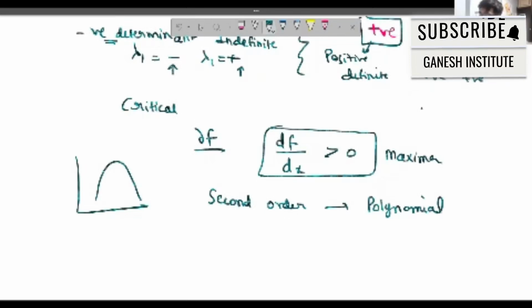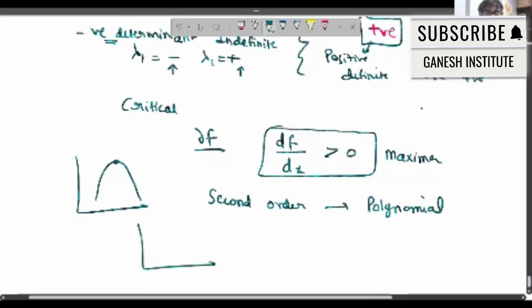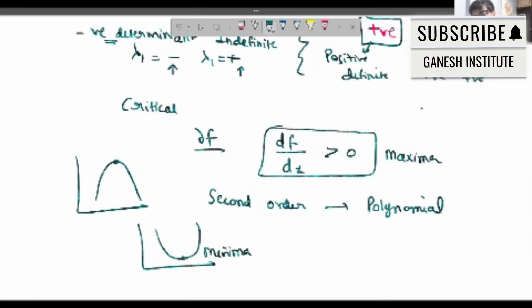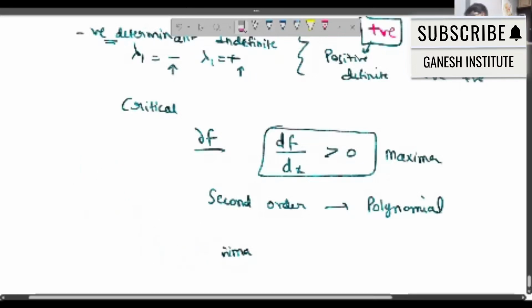It is a decreasing function, so I'll have a maximum vertex. And if it is increasing, I'll have a minimum. Because the Hessian matrix is about second order, I'm talking about the second derivative test. Okay, got it. Makes sense. Great.